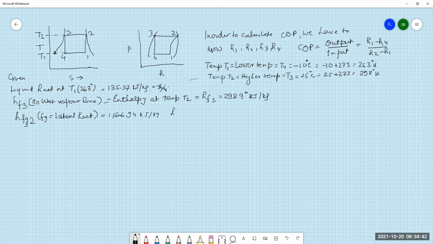And H3 is equal to HF3, because the point 3 is on the liquid line. So the enthalpy at the point 3 is 298.9 kilojoule per kg.